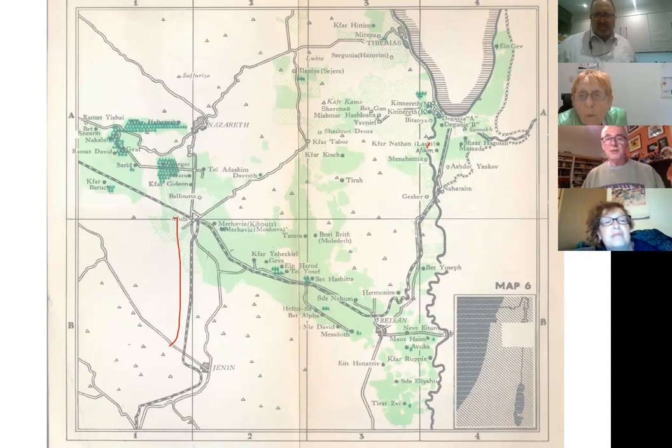All the maps are in this style. You can see the names of all the places, although of course some of them have subsequently changed because they evolved over time. But it's just a snapshot in time of Israel in 1949.